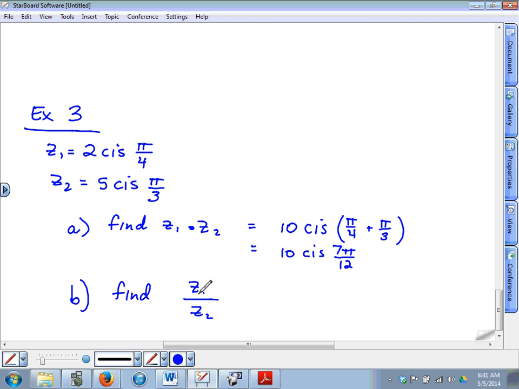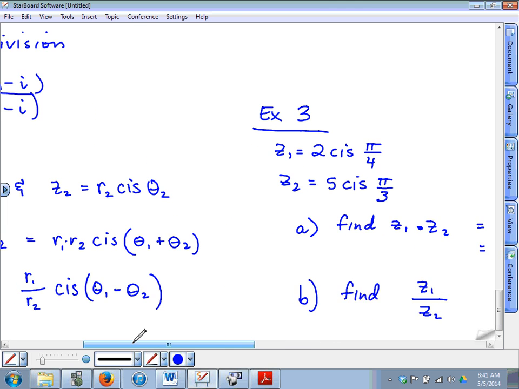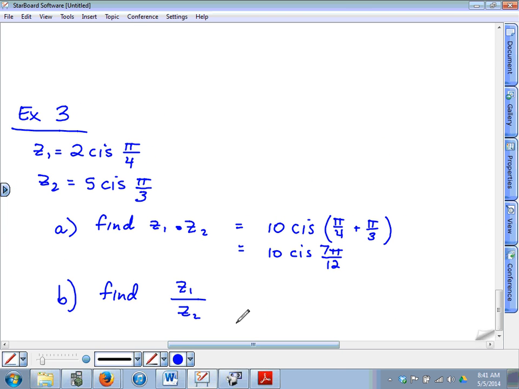So let's do the quotient. Z1 divided by Z2, according to the formulas, you divide the two R values. We're going to have to divide 2 by 5, so that's 2/5. And then according to this little formula, we take the difference of the two angle measures, so it's going to be pi fourths minus pi thirds.